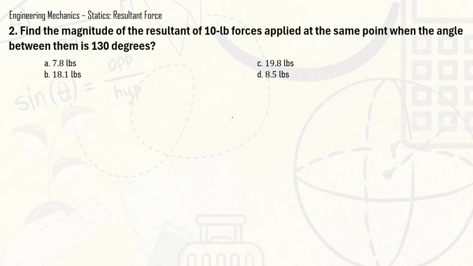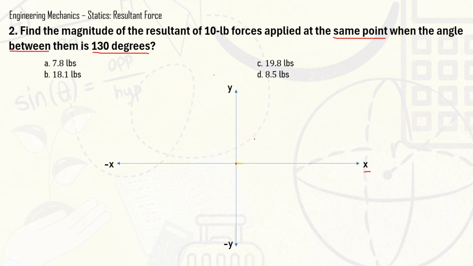Number 2. Find the magnitude of the resultant of two 10-pound forces applied at the same point when the angle between them is 130 degrees. Let's have our Cartesian plane. At the same point, lagay natin dito sa point of origin para mas madali nating i-draw yung angle natin using x as our reference.